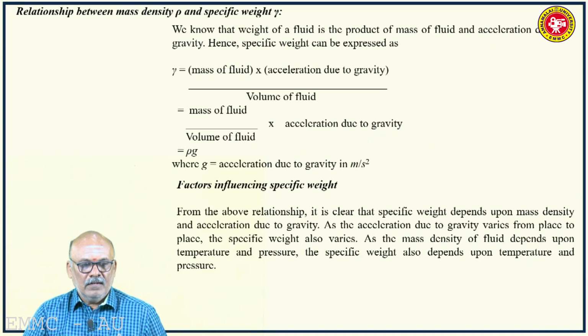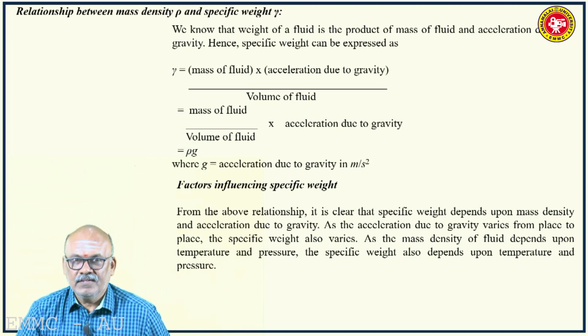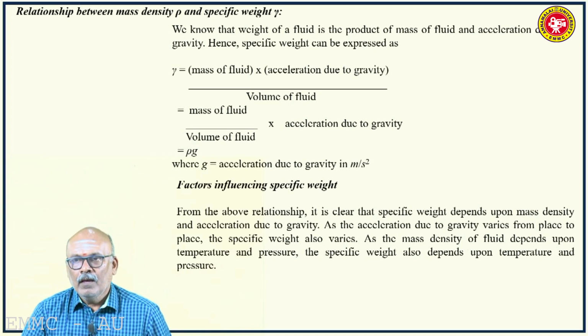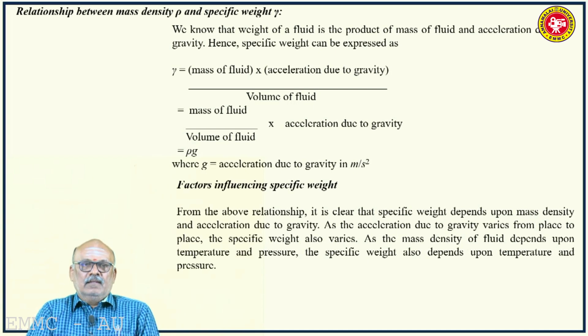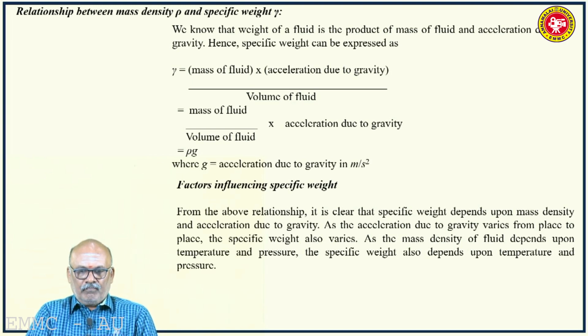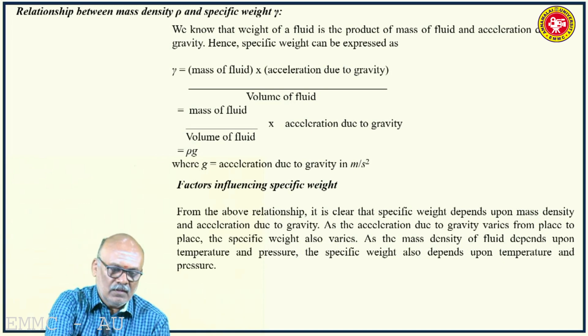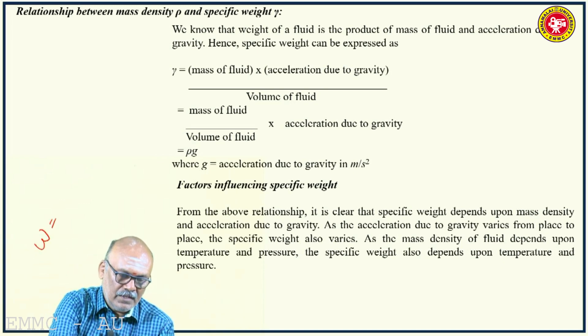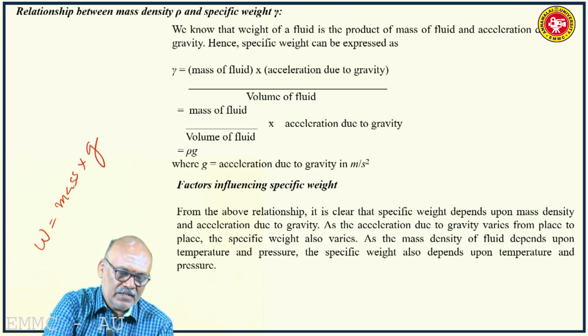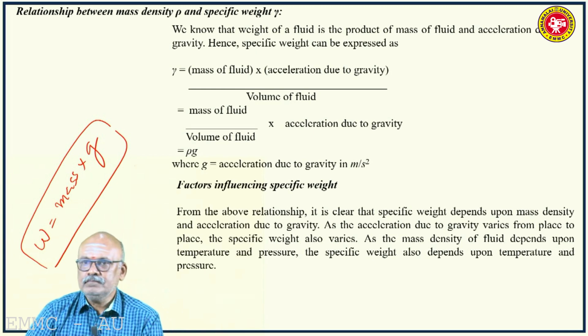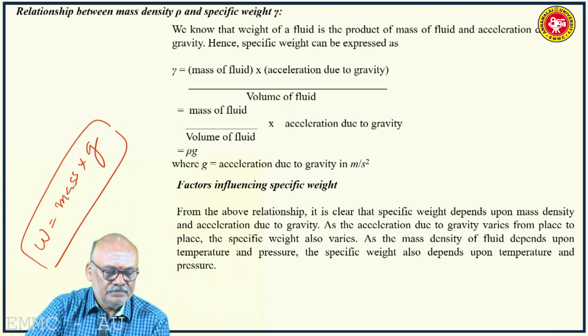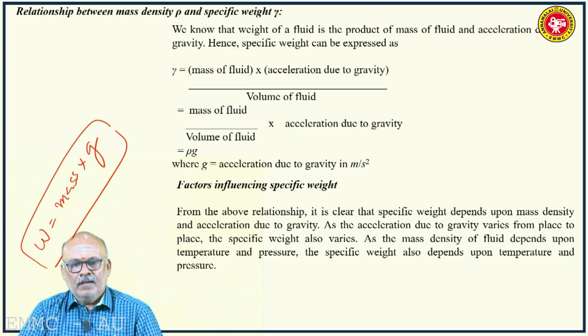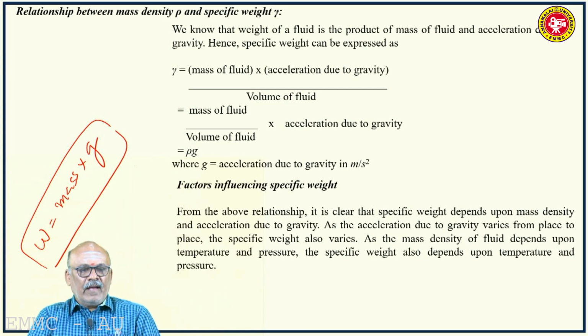Now let us derive the relationship between mass density and specific weight. We have already discussed that the weight of a fluid is the product of its mass and the acceleration due to gravity. So how can you express specific weight?